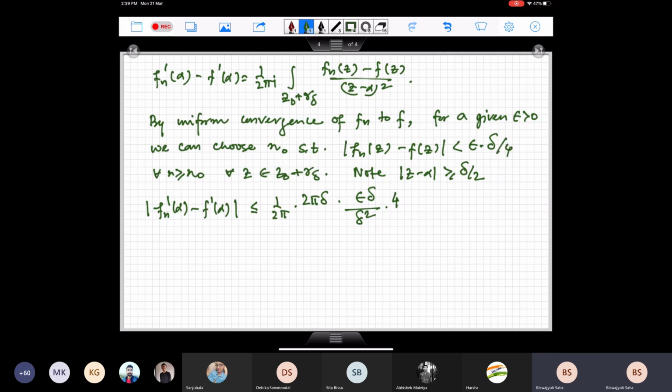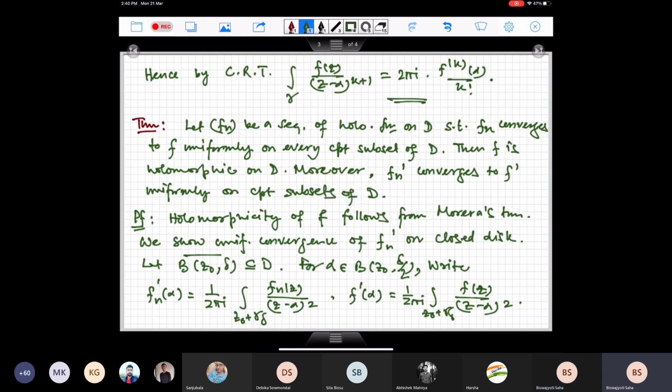So I can take a 4 over here, this will cancel, and I will take the square root. So this is equal to epsilon.